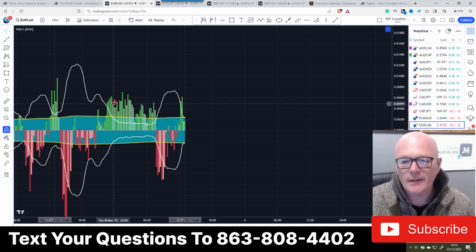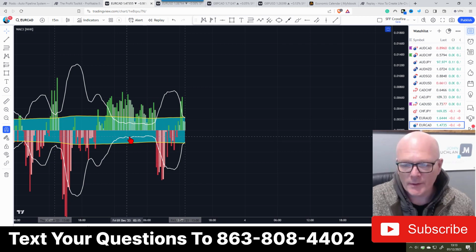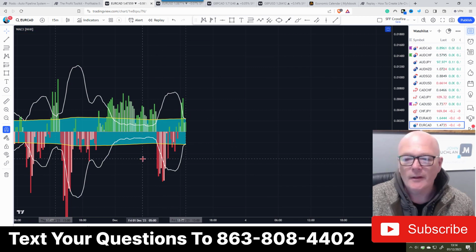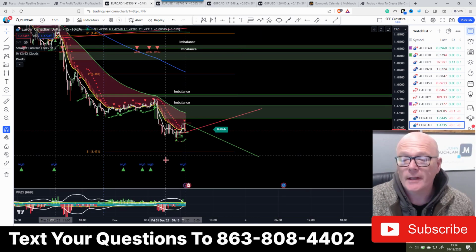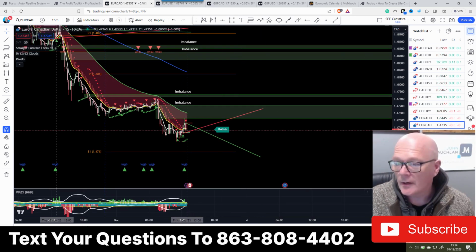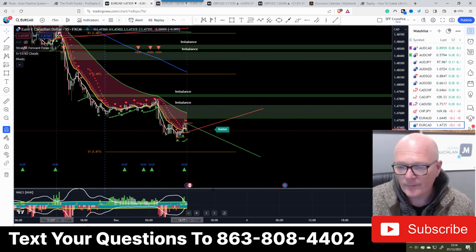Here we've got a strong buy, and here a stronger sell. What we don't want to be doing is taking trades in the dead zone. When price moves out of the dead zone and gives us a nice push down, with this white line pushing down, that indicates plenty of volume in the market, and we can potentially look at taking a trade. That's the Waddah. Let me make that a bit bigger, it's tiny.